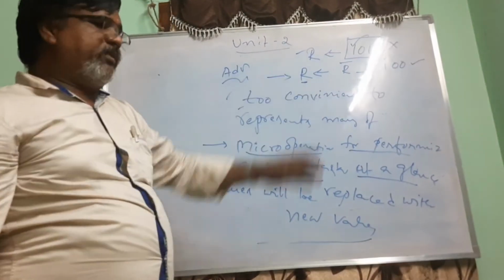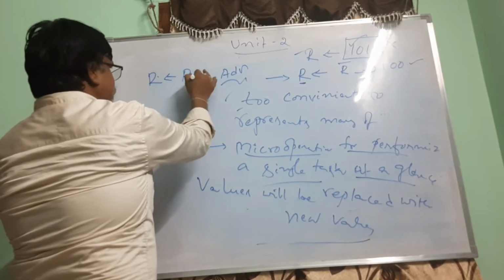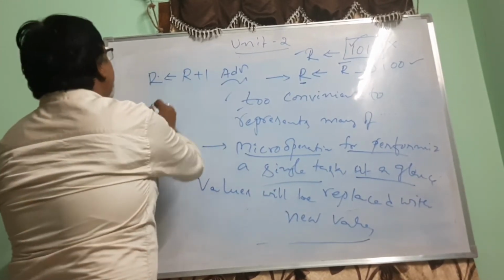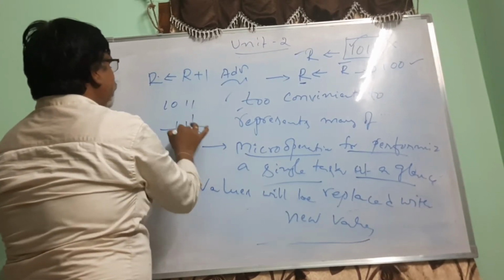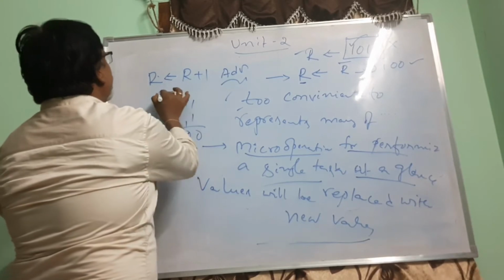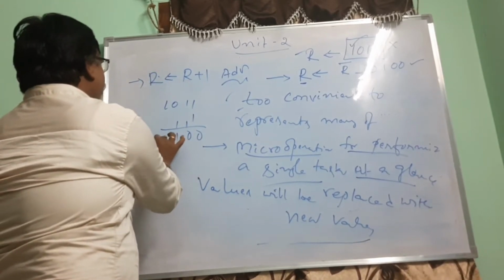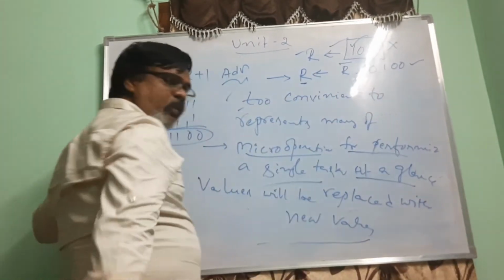Not only this complement operation, anything. For example, R is R plus 1, incrementing by 1. It means 1011 and 1 is added, so after performing this micro operation, this is the value of R: 1100. Initially the R value is 1011.